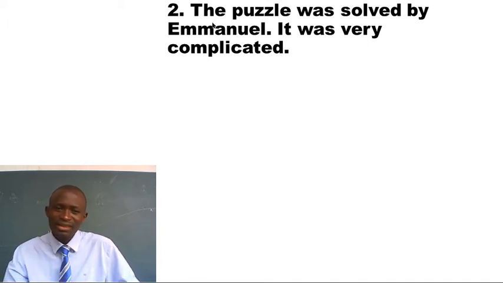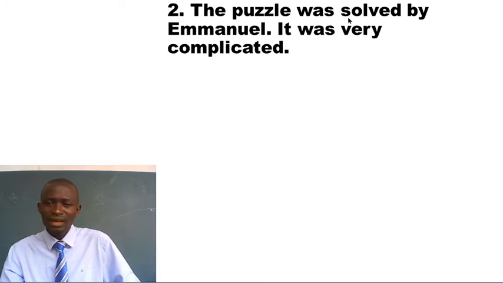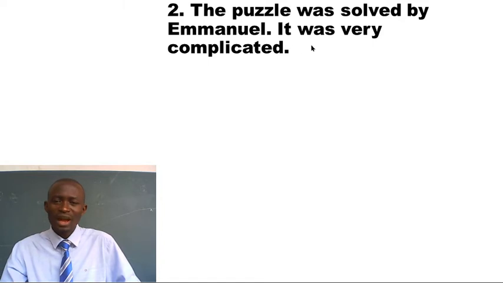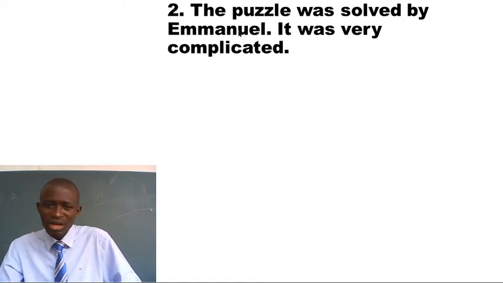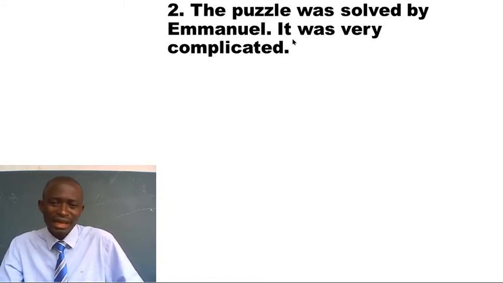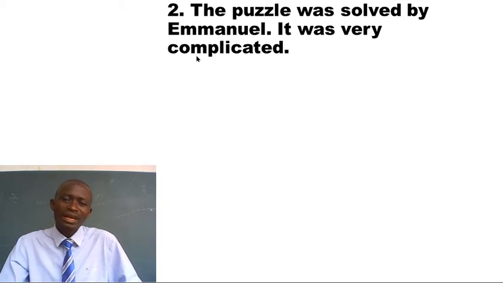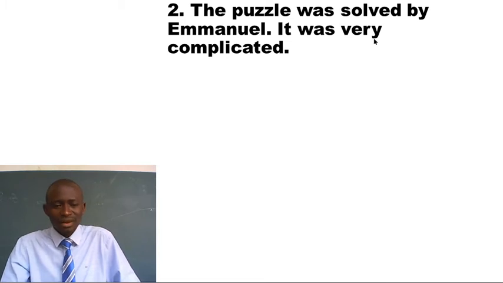So you realize we have the puzzle, which is the object, and the subject is Emmanuel. Are you getting this? Then we have this other additional information about this very puzzle. That part of the sentence is what I'm calling a clause.